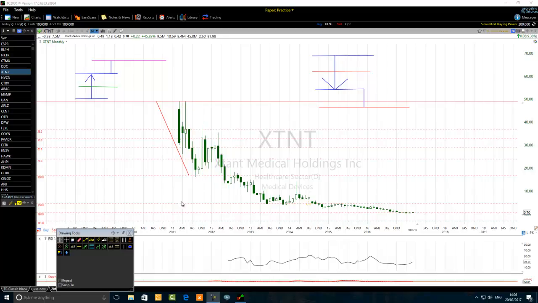Then we start having the extensions: 138.2%, 150%, 161.8%, and so on. From 0 to 100%, I divide it into two, so the top half is 50% and the lower half is 50%.